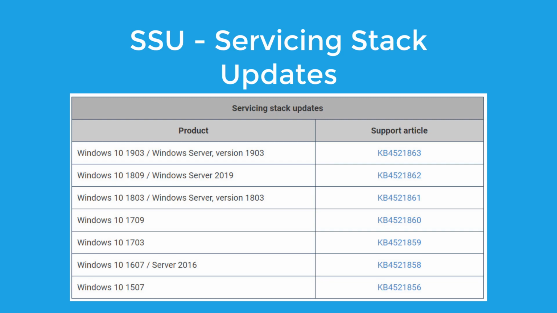In my experience, it fixes almost 95 plus percent of any update related issues. I'm going to show you a website where you could look for these, and each of these KB articles goes with the feature update of Windows 10 that you have installed.